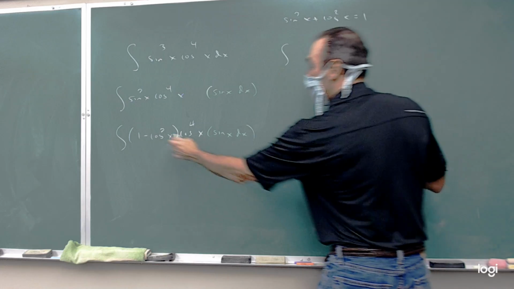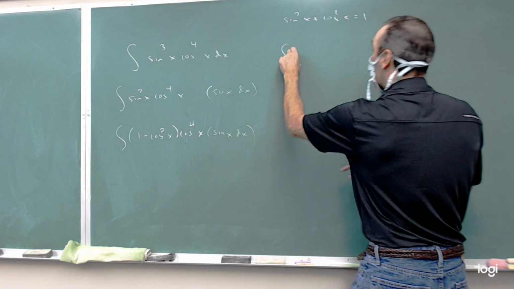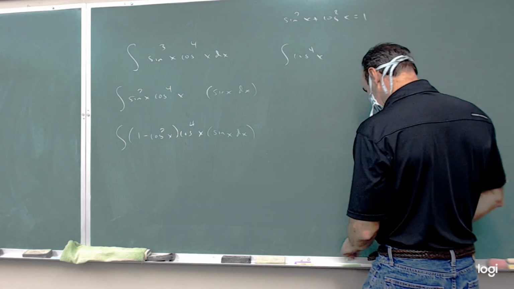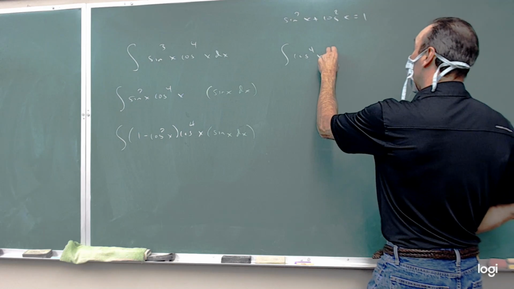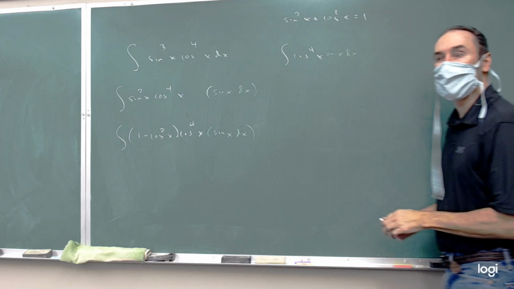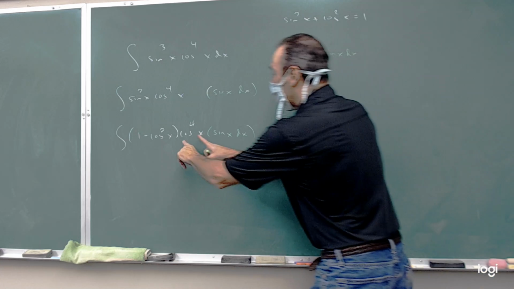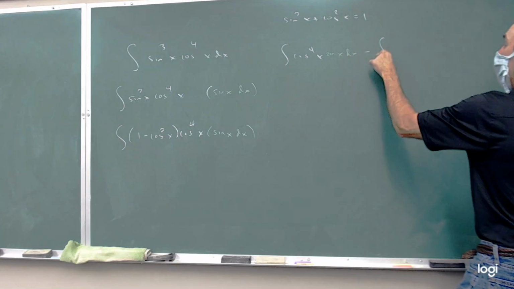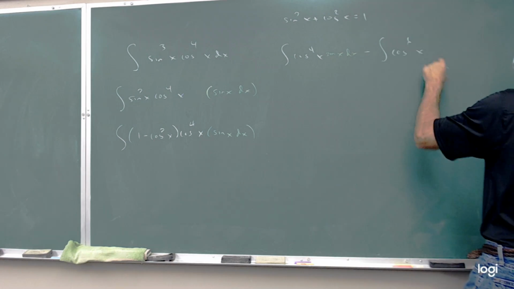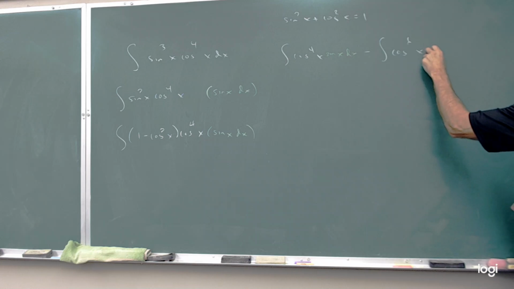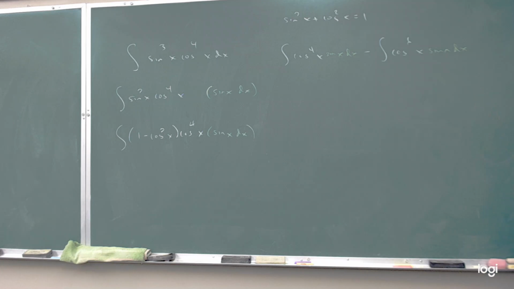So this becomes cosine to the 4th x, and it brings along its sine x dx to use as the du. And then we'll get the minus, and that'll be a cosine to the 6th of x, and it brings along its sine x to use as du as well.